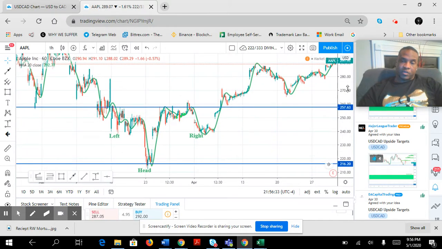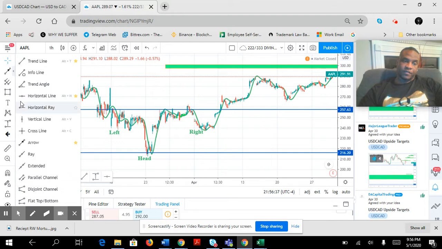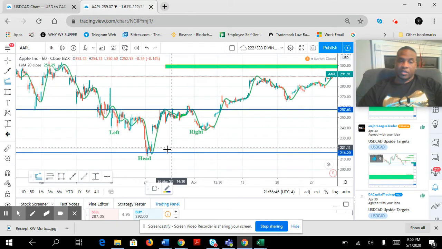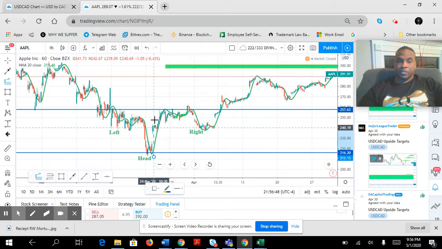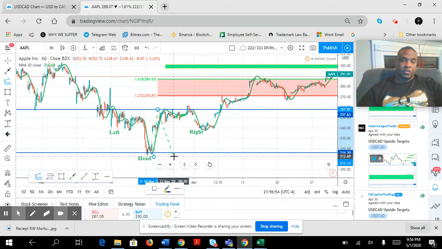Okay. There's another way you can do it. You can use your fib extension. Remember, you go over here to your left, right here. You'll go to the trend-based fib extension. Click on it. Take it from the bottom. Take it up to the top of that neckline. Drag it down. All right.